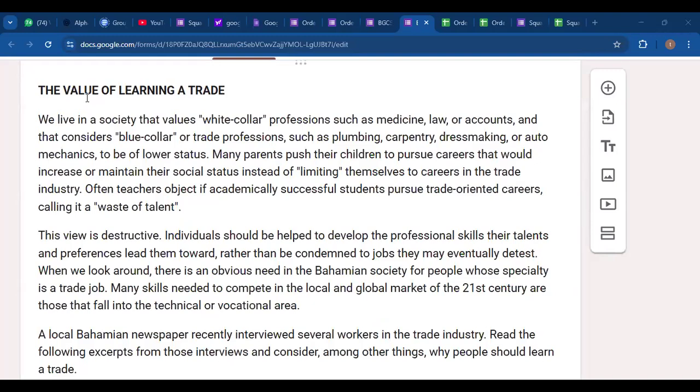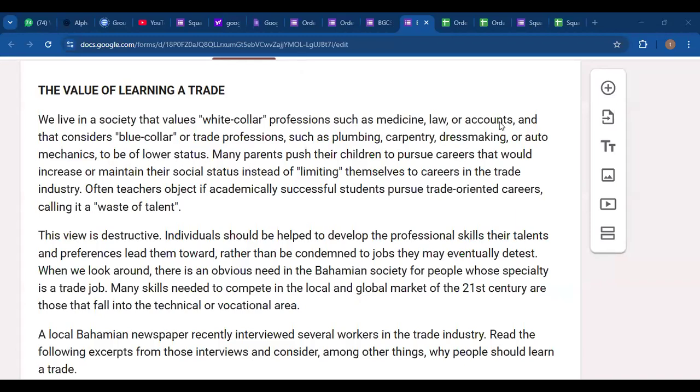The value of learning a trade. We live in a society that values white collar professions such as medicine, law, or accountancy, and that considers blue collar or trade professions such as plumbing, carpentry, dressmaking, or auto mechanics to be of lower status.